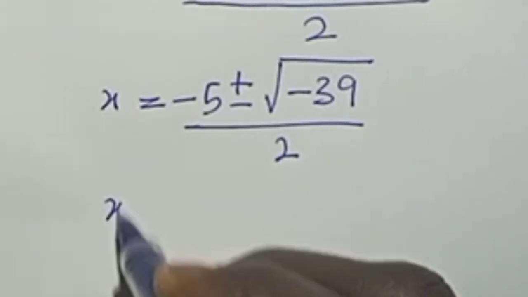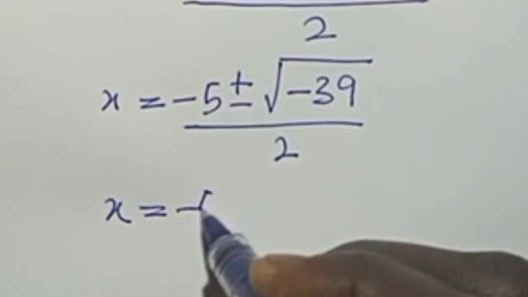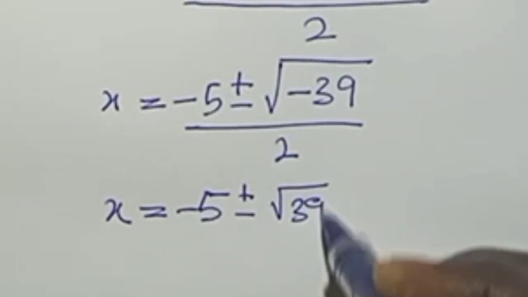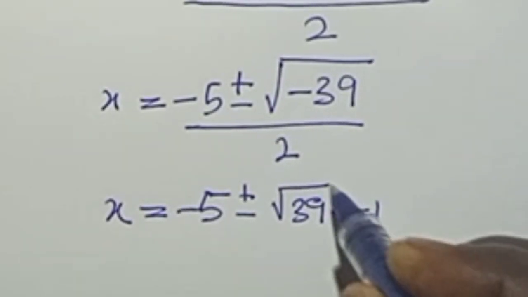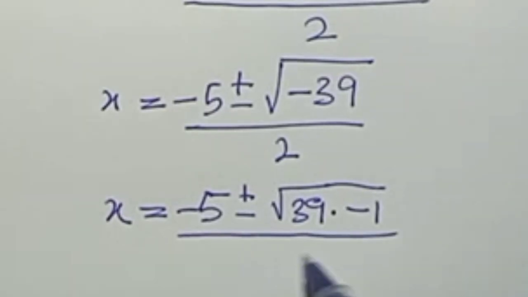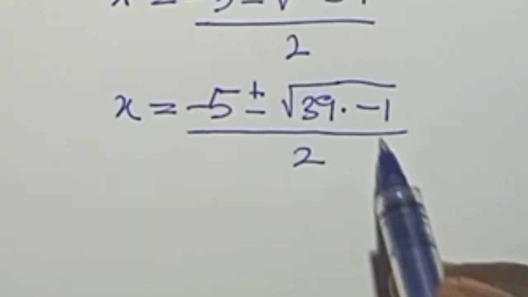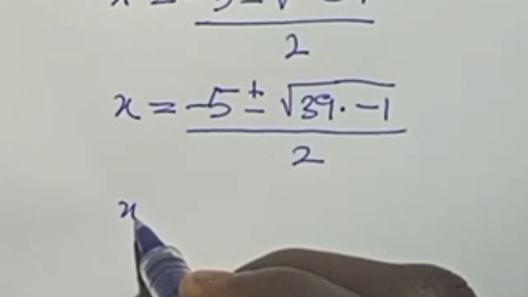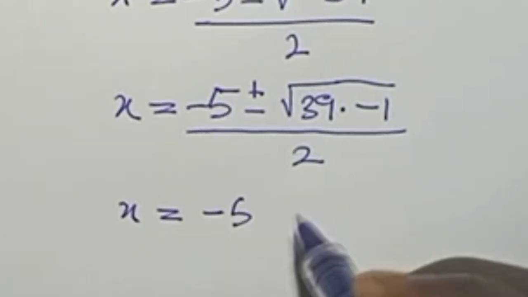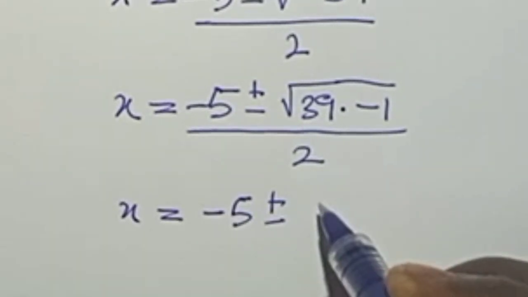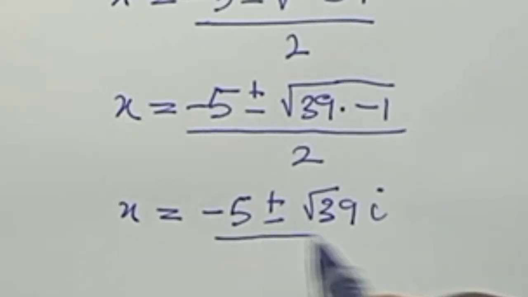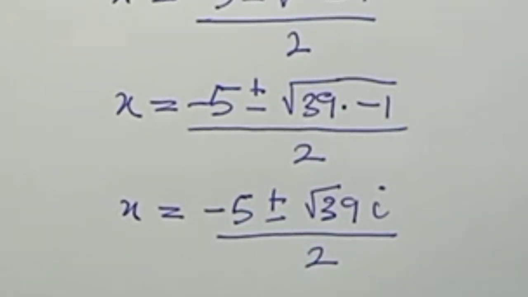And this can also be written as s equals minus 5 plus or minus the square root of 39 times minus 1, all over 2. And since the square root of minus 1 is i, s will therefore be minus 5 plus or minus the square root of 39i, all over 2.